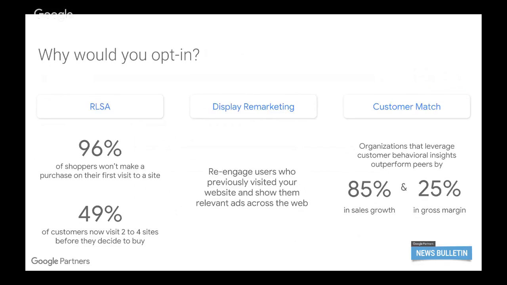And when they were outperforming their peers in sales growth 85% of the time, and outperforming their peers in gross margin by 25%. So that just shows, like, if you want to be ahead of the movement, this is a type of features that you need to also take into account in any type of advertising strategy. So I hope that's a little bit of an overview for you.